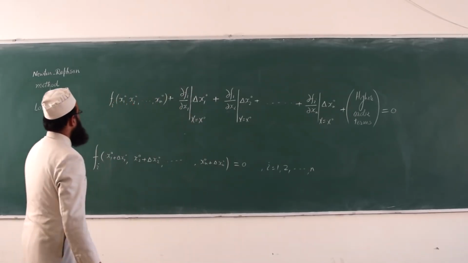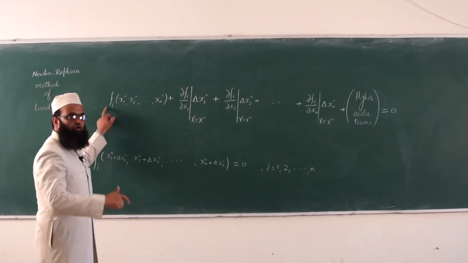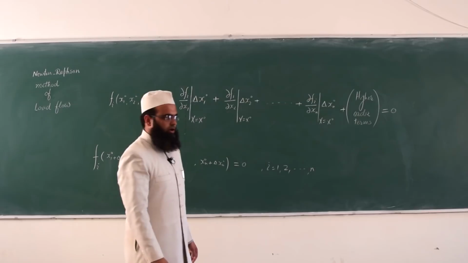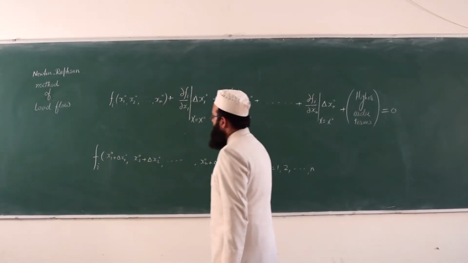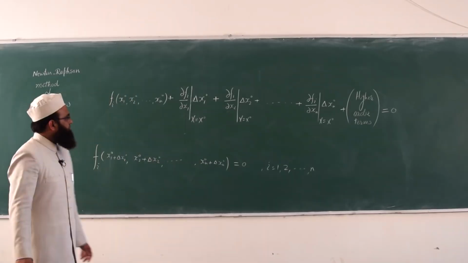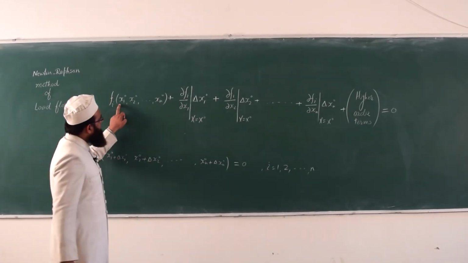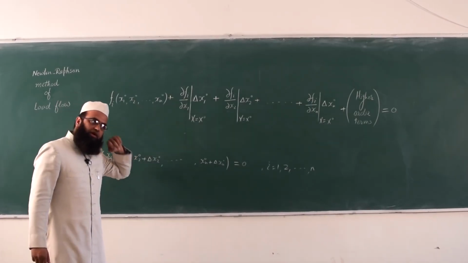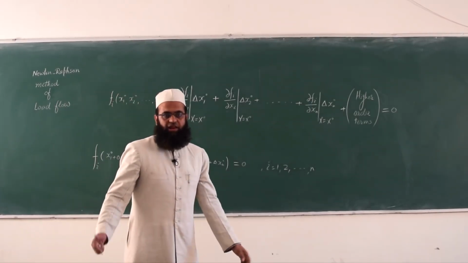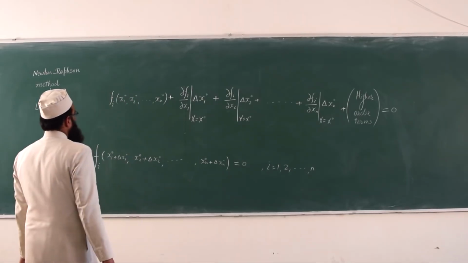What are these? Fi for i equal to 1 to n denotes n non-linear algebraic equations, and x1 0, x2 0 up to xn 0 are the initial guess values for our n variables.